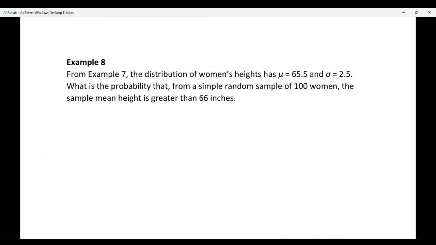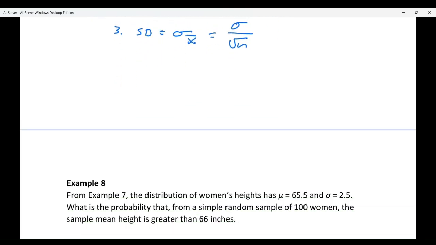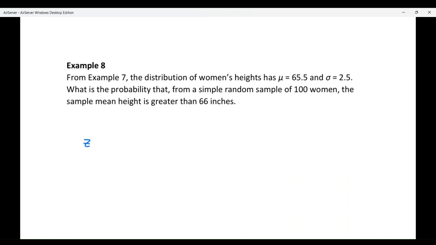This is not value minus mean divided by standard deviation. We are now going to apply the mean and standard deviations that we just talked about here. Okay, so z is now x bar minus the mean of the population divided by the standard error, the standard deviation of the sample mean.